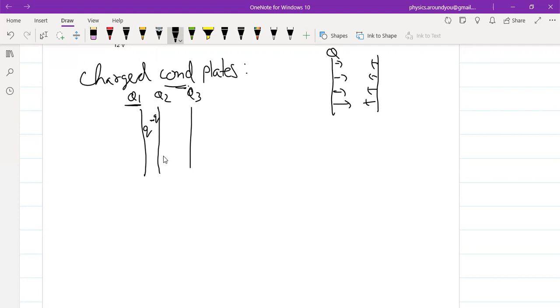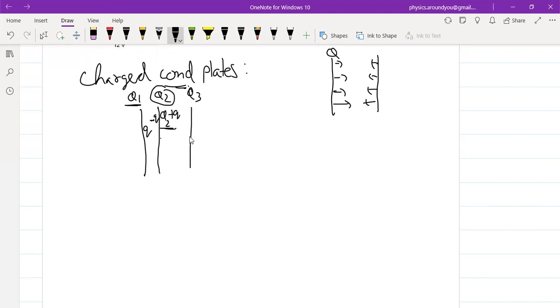What is the charge on the right face of Q2? On the right face of Q2, the total overall charge given to this plate is Q2. On one side, there is minus Q. What should be the other side? It will be Q2 plus Q, charge conservation. If it is Q2 plus Q on the right face, what should be the charge on the left face of Q3?